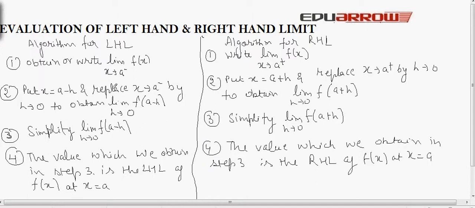Here we have to calculate the left hand limit at the negative point. Here we have to calculate the right hand limit at the positive point. So, here replace x by a minus h. Here replace x by a plus h. And simplify the limit obtained, and the value which we get is the required left hand limit and the right hand limit. So, let us see one example based on these algorithms.